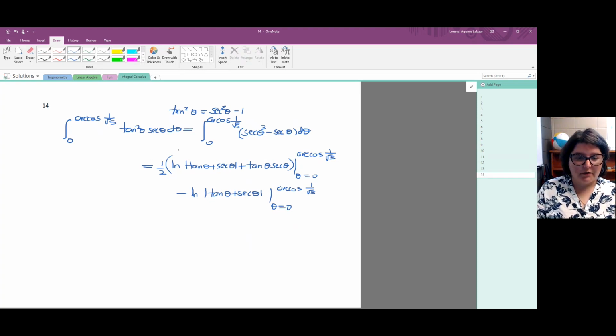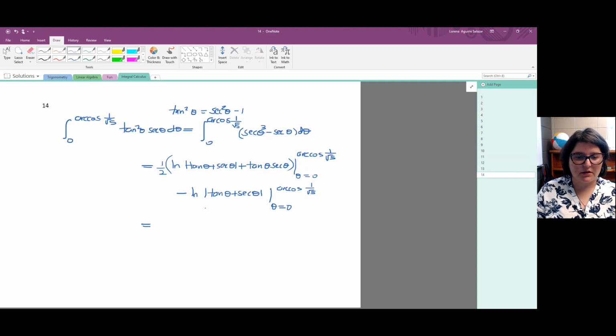So here we have 1/2 of the ln of that addition plus 1/2 of tangent times secant, minus 1 times the ln of the addition.